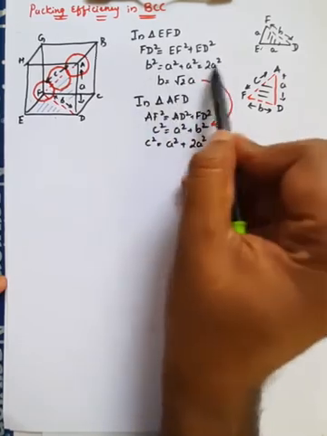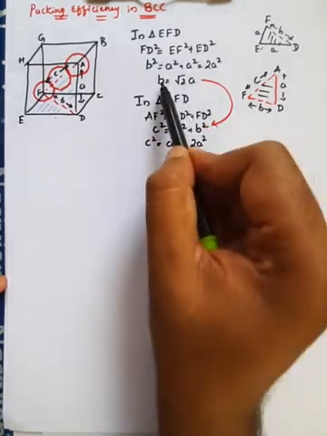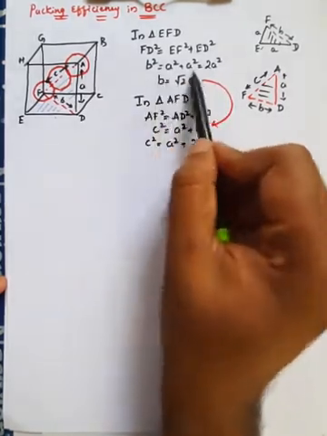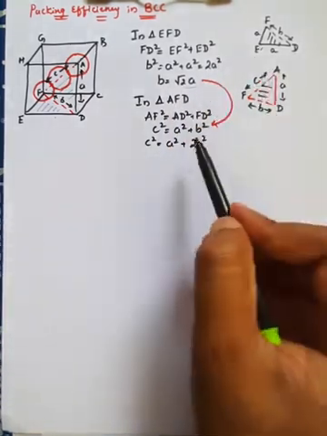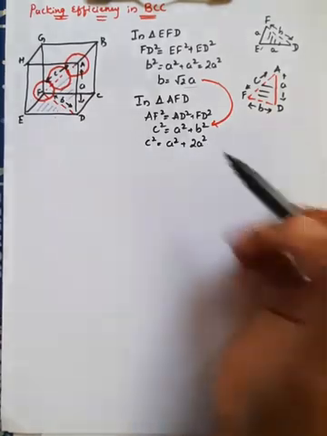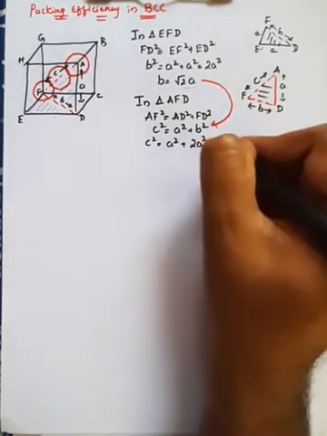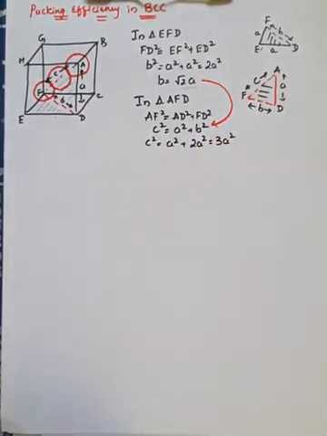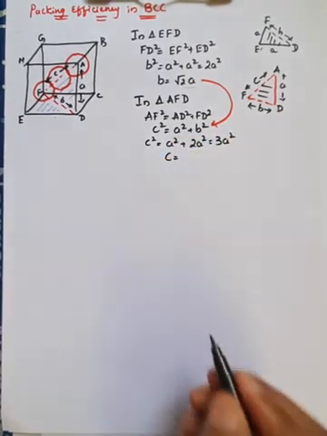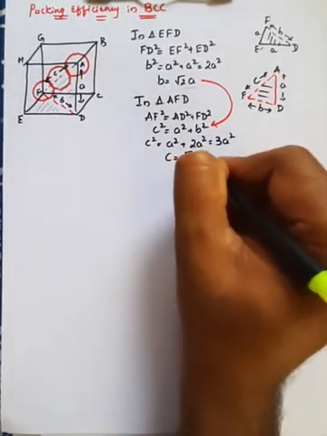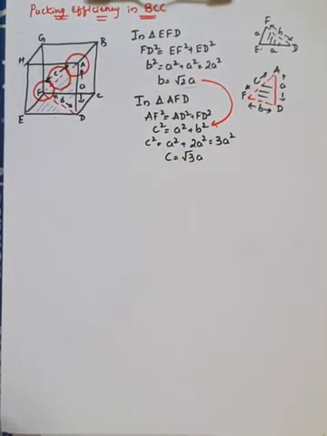I can substitute B is equal to root 2 into A, which if you square, again you will get 2A square. Therefore A square plus 2A square is equal to 3A square. If you remove the square on both sides, C will be equal to root 3 into A.